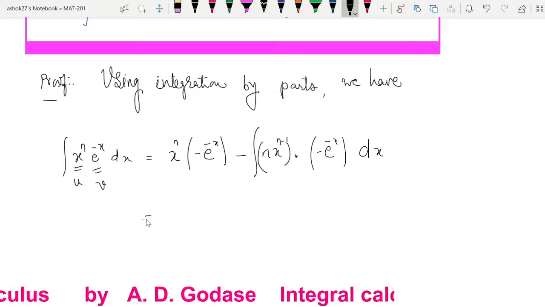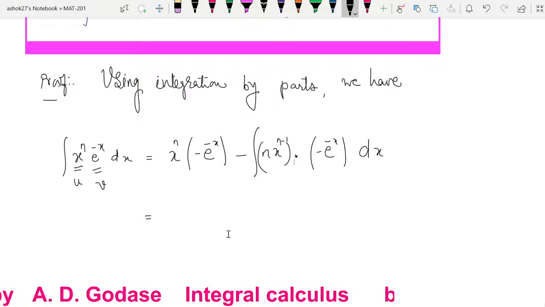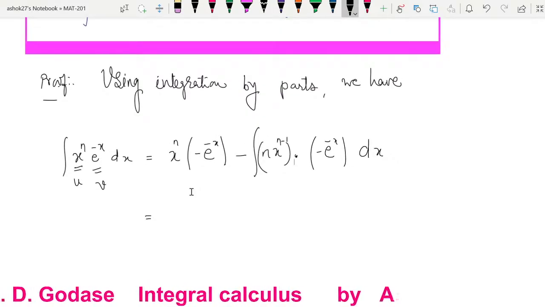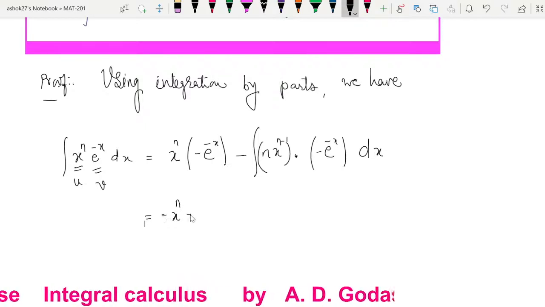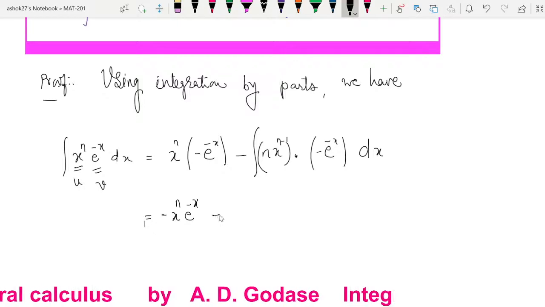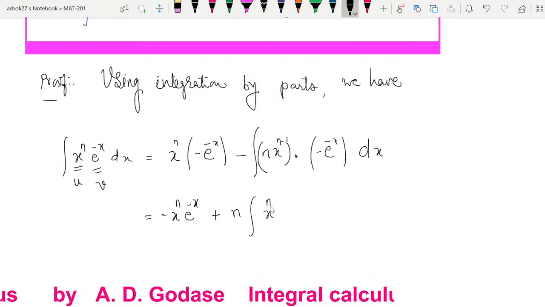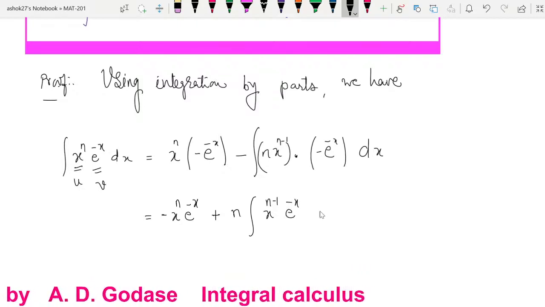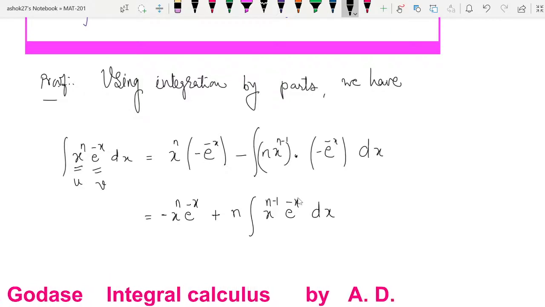You can simplify it and write it in simple form as minus x raised to n e raised to minus x. This minus and this minus will be plus, and n you can take outside of the integration, that is x raised to n minus 1 e raised to minus x dx. So this will be the required reduction formula, that is reduction formula number 4.